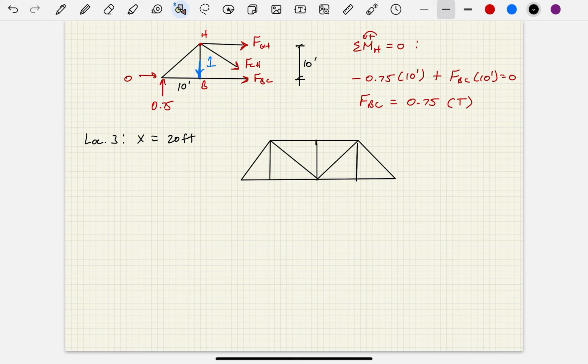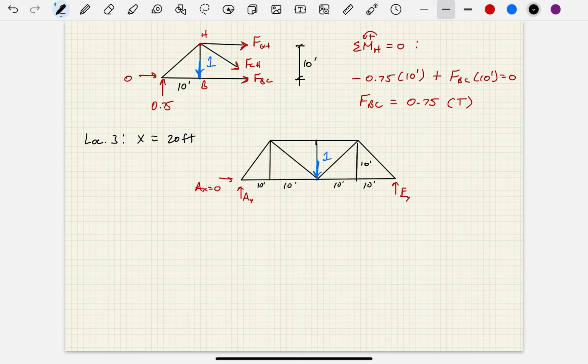Okay, and I'm going to have AY, AX will be 0. I've got EY, and I've got my unit load right here, right in the middle. There's that 1, and I can say 10 feet, 10 feet, 10 feet, 10 feet.